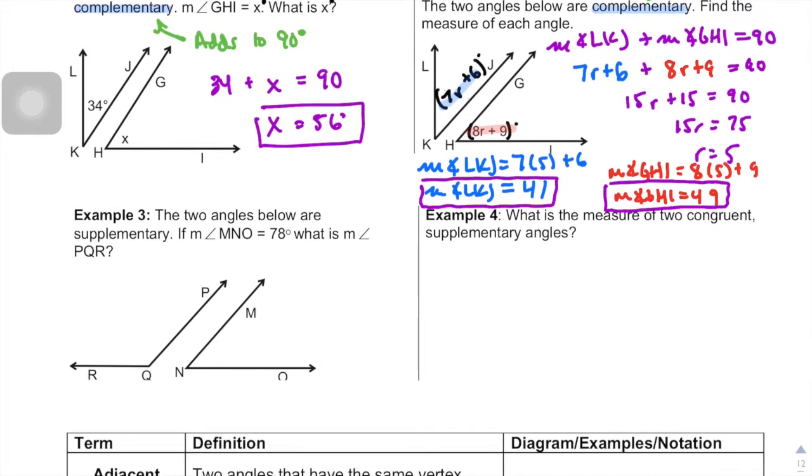Taking a look at the third example, two angles below are supplementary. If the measure of angle MNO is 78, what's the measure of angle PQR? So again, we see this keyword here, supplementary. When we see this geometry word, we want to think, add to 180.